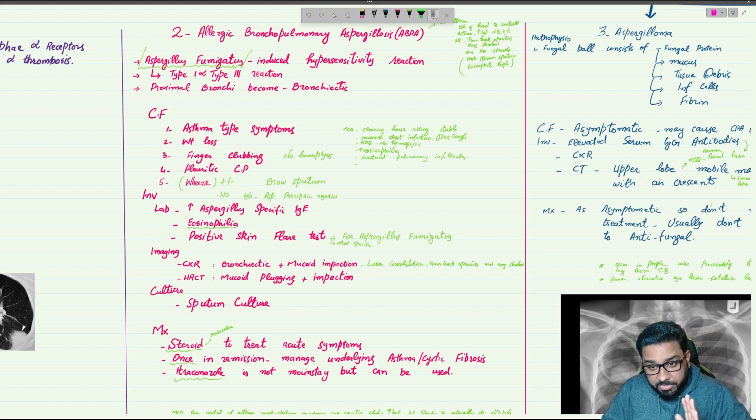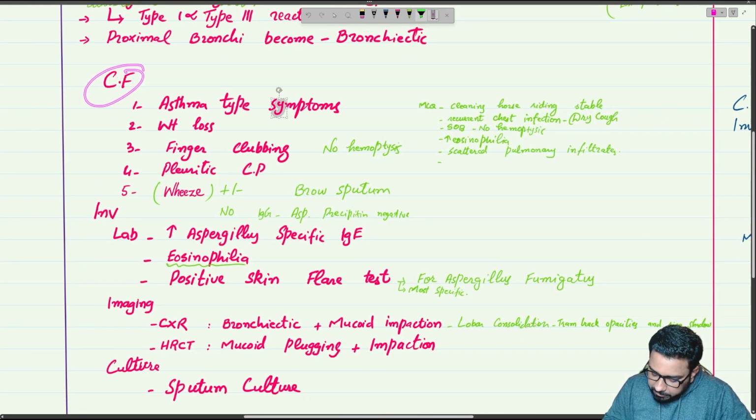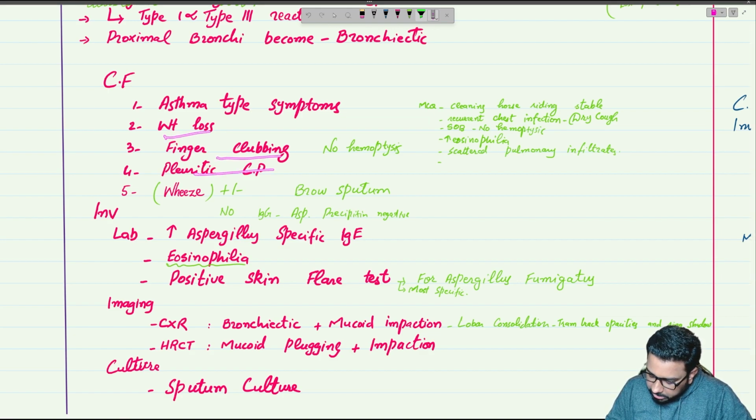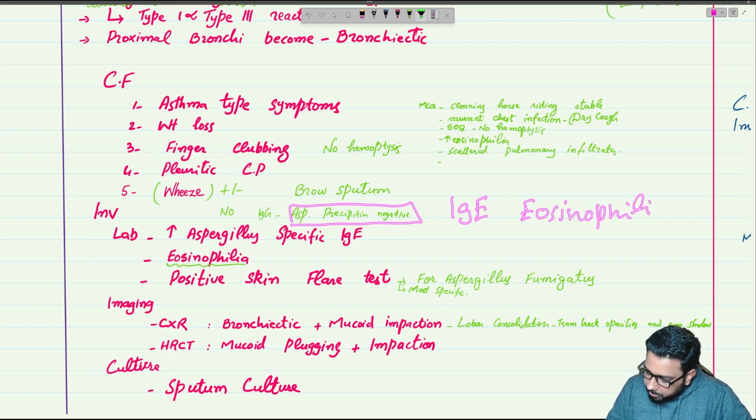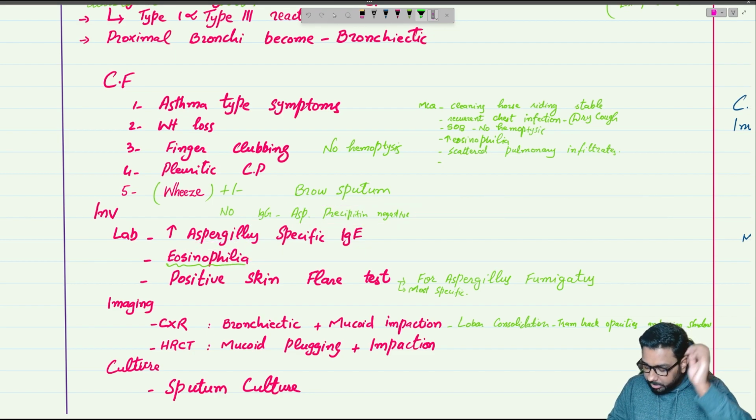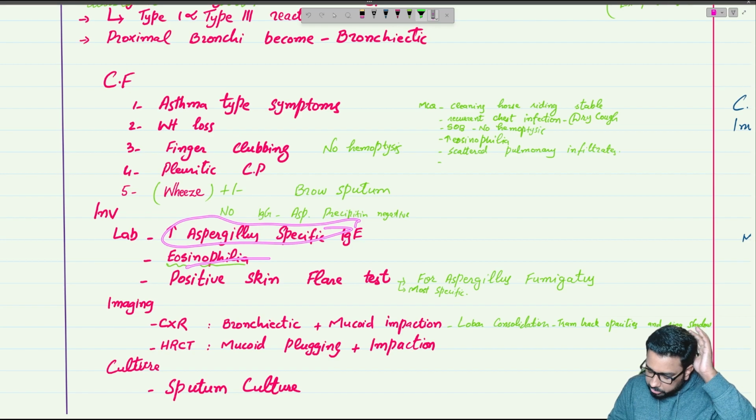So their asthma is always very severe. Clinical features: asthma-type symptoms, weight loss, finger clubbing, pleuritic chest pain, plus or minus brown sputum, no IgG, Aspergillus precipitin negative, and IgE or eosinophilia will be present in bloods. Lab wise, IgE and eosinophilia.